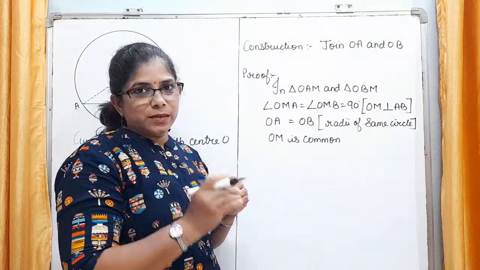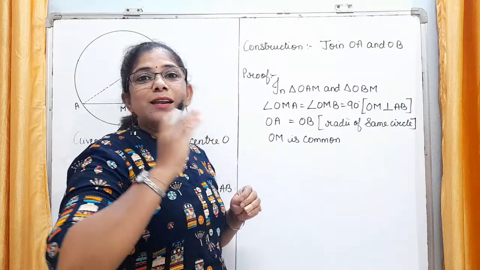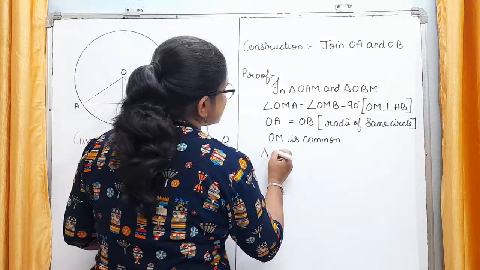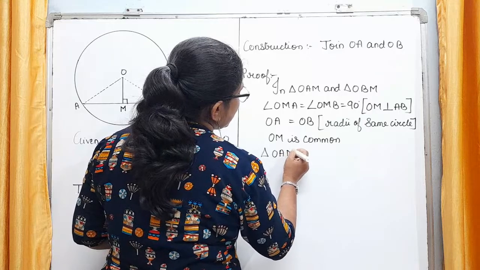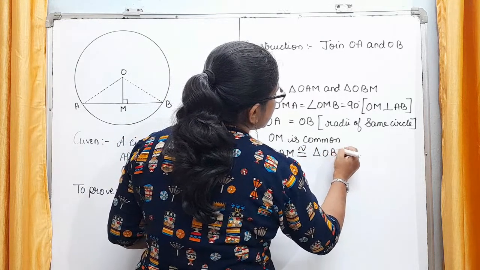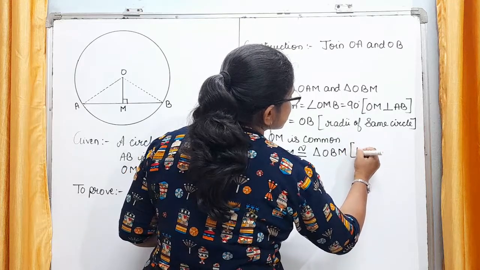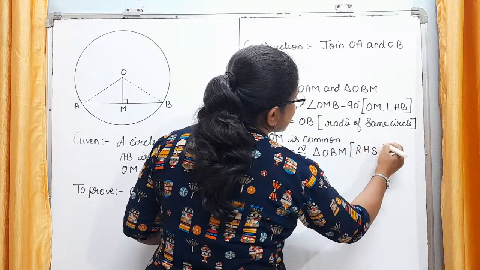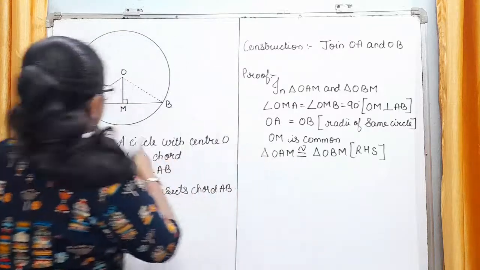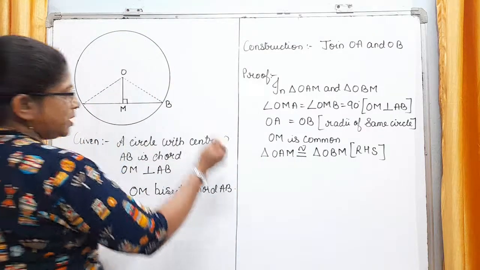So these two triangles are congruent by RHS postulate. Triangle OAM congruent to triangle OBM, reason: RHS postulate.